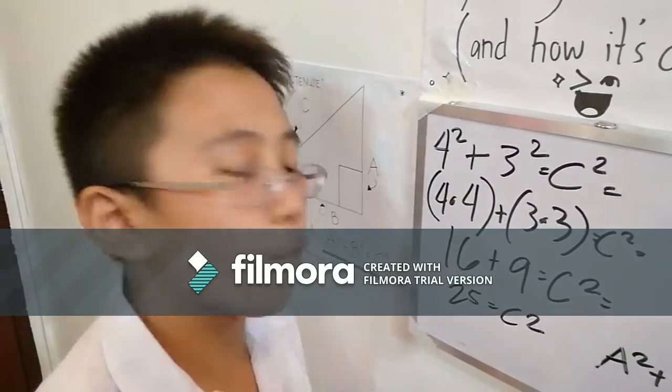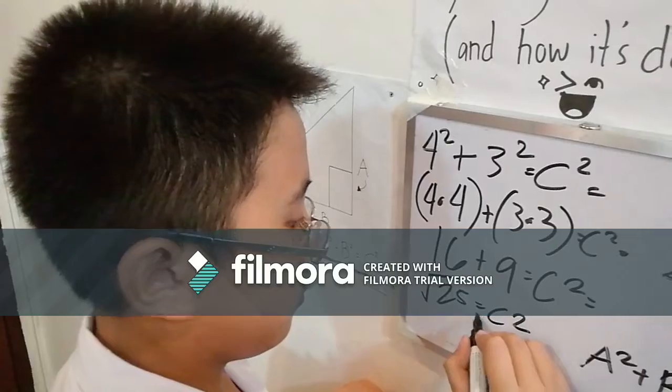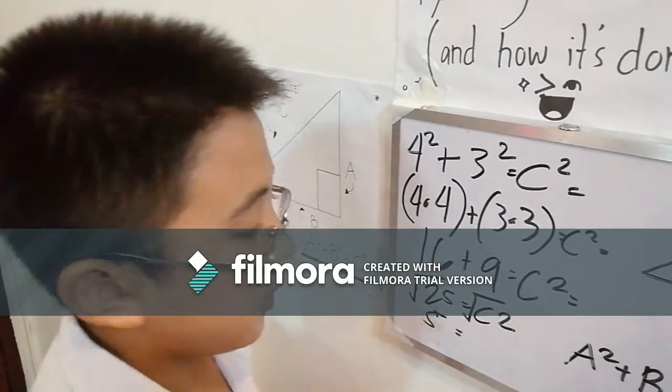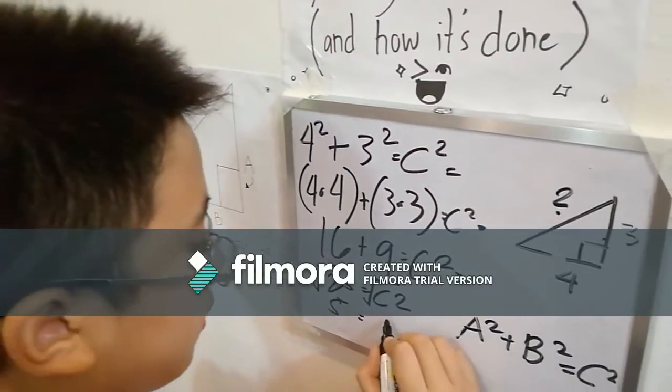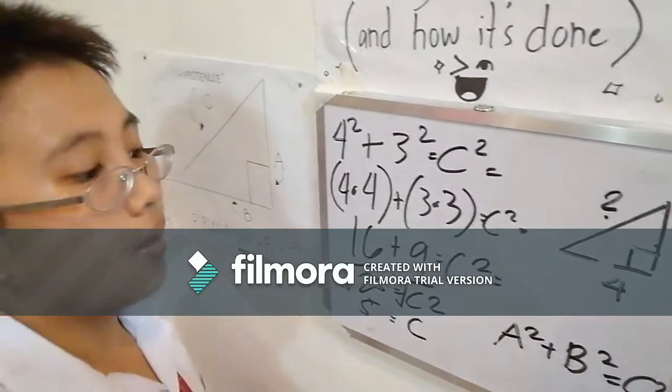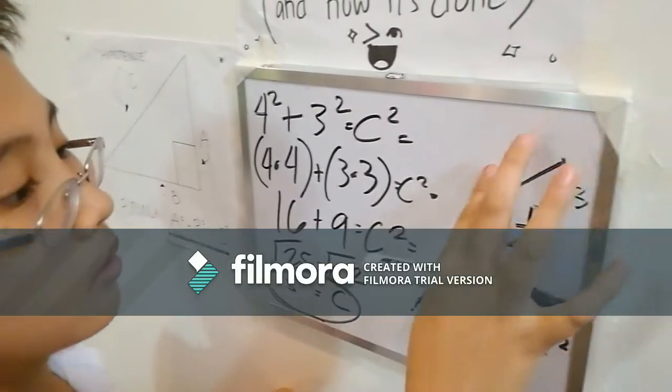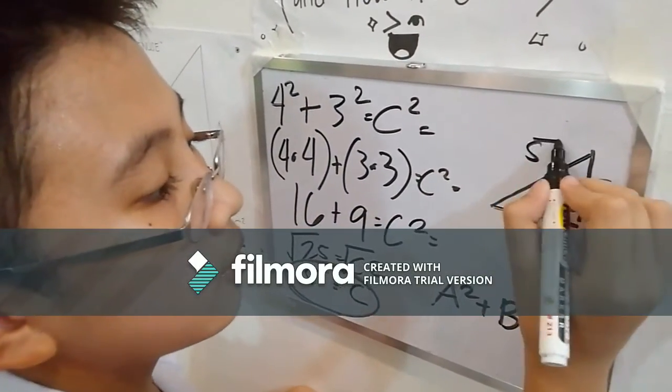Now we have 16 plus 9 is equal to c squared, which is 25 equals c squared. Now we find the square root. The square root of 25 is 5, and the square root of c squared is c. Now that we found the hypotenuse, let's put it here.